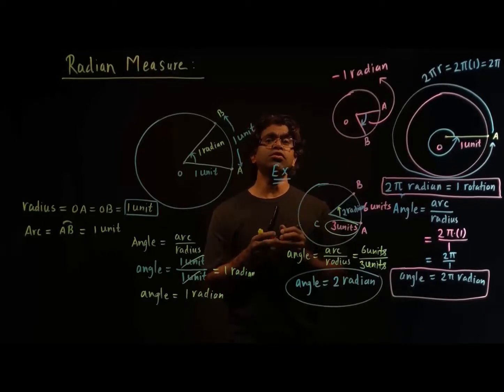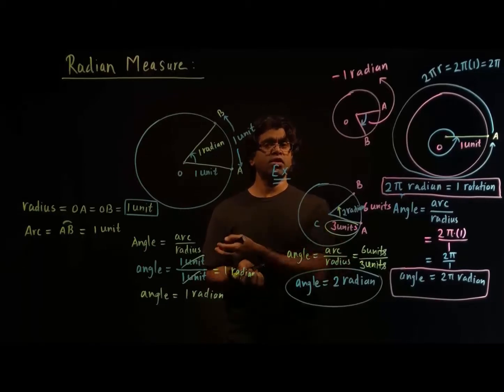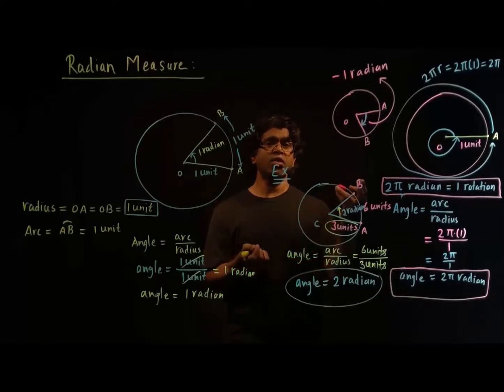So the rule for drawing the negative angle is the same. We draw the angle the way we do for the degree measure, and then we draw the arrow in the clockwise direction.